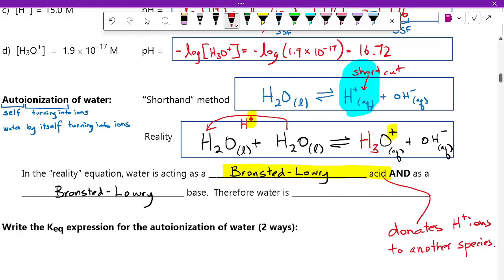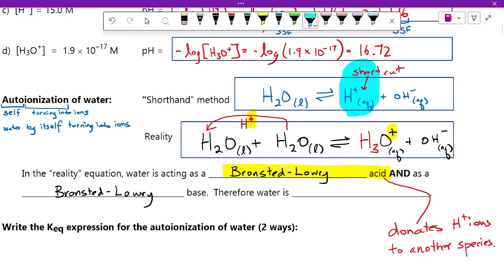So that's a definition of an acid, a particular type of acid. You will also learn over spring break about Arrhenius acids. And Arrhenius acids just throw hydrogen out into the water. Okay, so you'll learn about those.